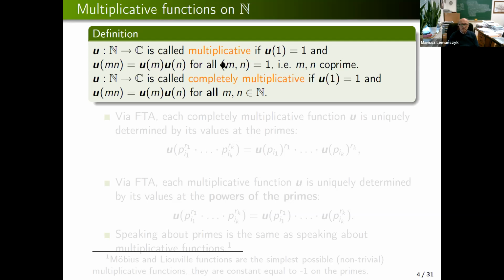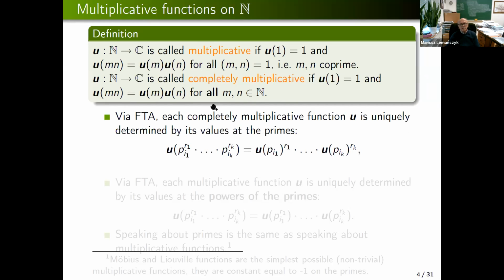You may wonder why this assumption is natural. Believe me, it is. One might think that maybe the better definition would be to consider completely multiplicative functions. In this definition, we just look at the product of two natural numbers, and then this is the product of the values, and this is unconditional, whichever m and n we take.